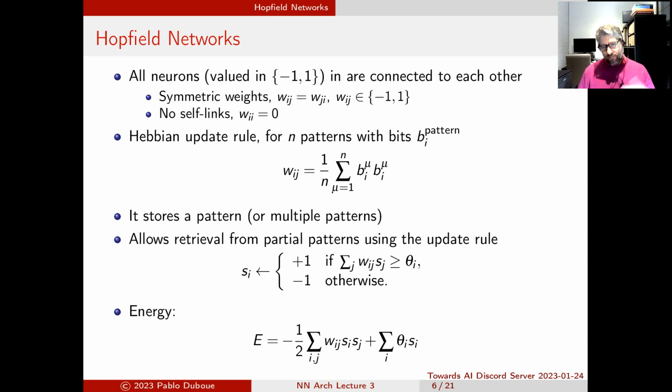So if you want to know the properties of the physical system, you can study these networks and vice versa. And this is what I can tell you about Hopfield networks.